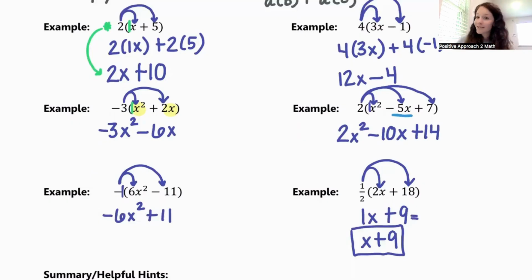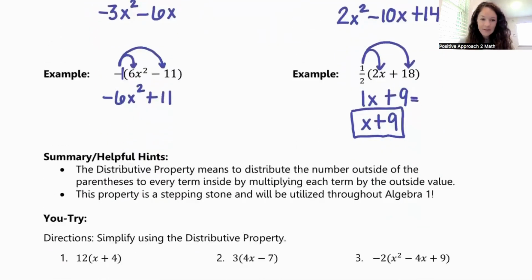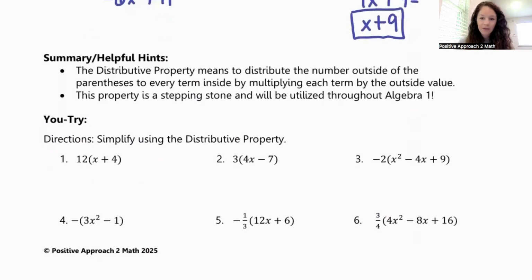And so hopefully those examples were helpful. Let's wrap up and summarize some of our helpful hints, and then we'll leave you with the U tries, okay? So just to remind you, the distributive property is telling us to distribute or to multiply the number outside of the parentheses to every term inside, okay?